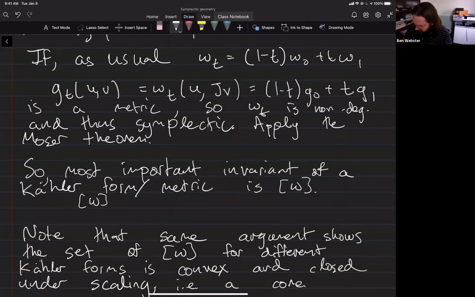And I should mention, different complex manifolds can have lots of different Kähler forms. For example, you can always scale your Kähler form, but it can be more complicated than that.